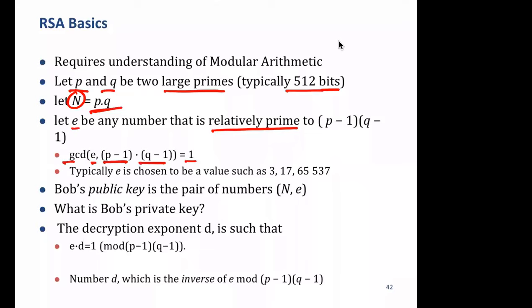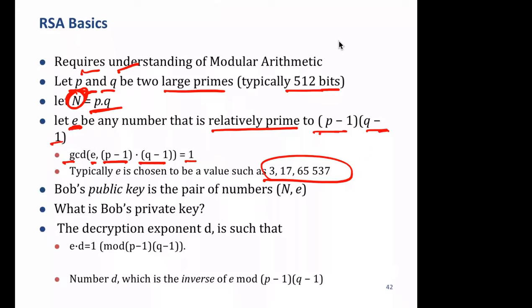So E is relatively prime to P minus 1 and Q minus 1.